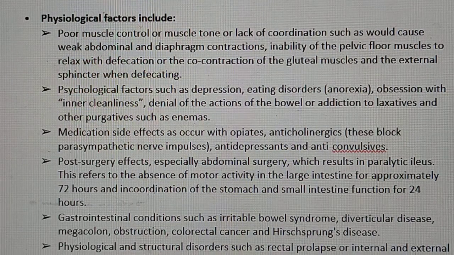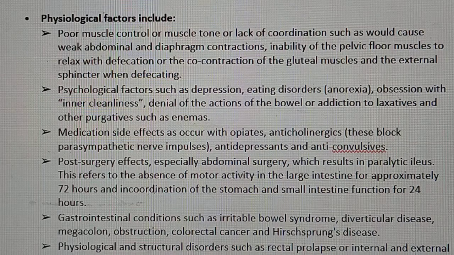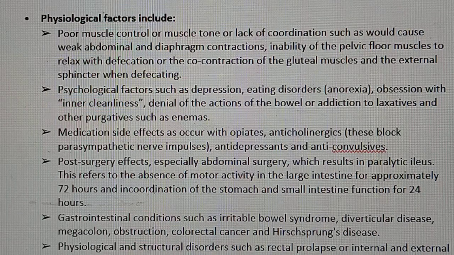Okay, so physiological and structural disorders such as rectal prolapse or internal and external sphincter abnormalities. So sphincters are like ring-like structures that control movement of the bowel. There's the internal one inside the colon, and there's the external one at the end of our anus, where a sphincter is located. So it closes the anal canal.